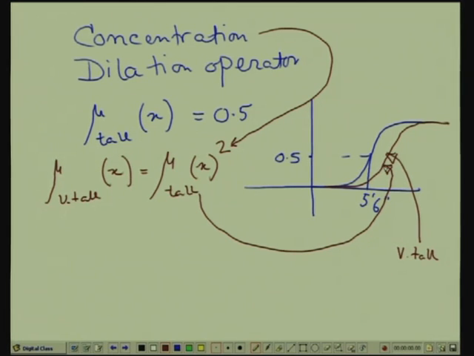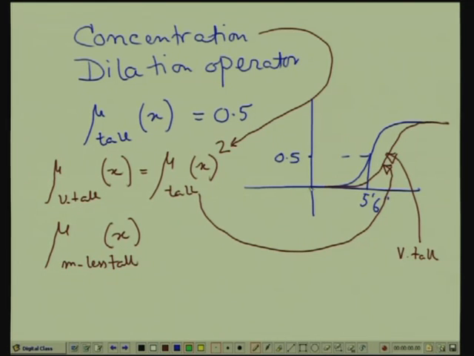On the other hand, if we look at the same height and we want to define a set more or less tall, then obviously the membership of 5.6 should increase, right. Intuitively you can think of that.